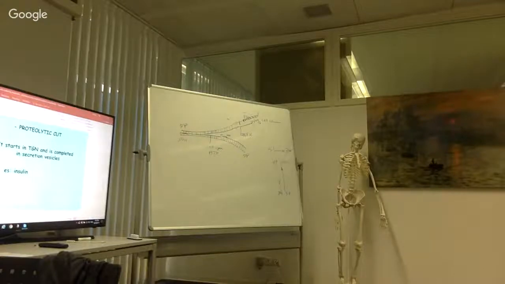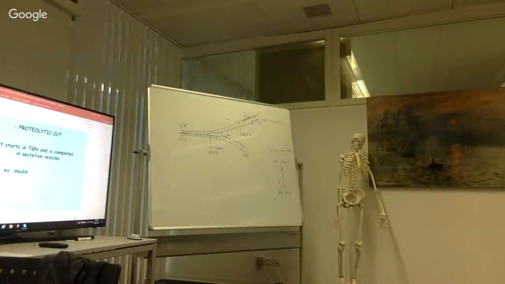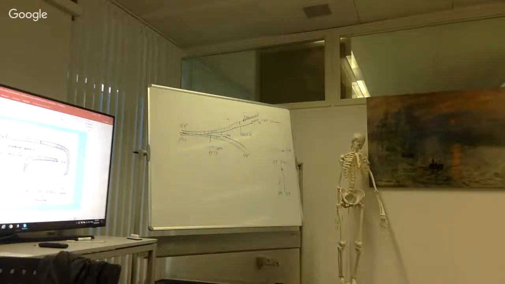Several modifications can occur in the Golgi apparatus. An example is proteolytic cut. It starts in trans-Golgi network. It is completed in a secretion vesicle. As for example, insulin, you know, insulin is a proteic hormone. It is synthesized as a long chain.